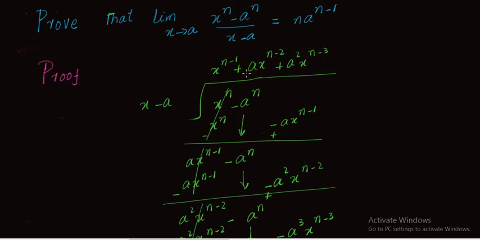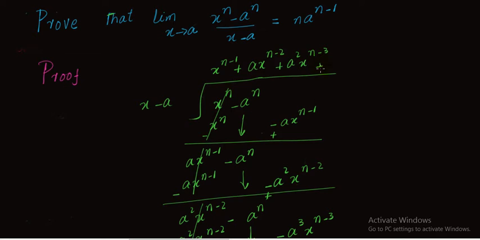From the coefficients, if we follow this sequence, in the first term the exponent of x is n-1 and the exponent of a is 0. Then in the second term the exponent of a becomes 1 and the exponent of x decreases and becomes n-2. Similarly, in the third term the exponent of a is 2 and the exponent of x is n-3. So, the exponents of x are decreasing and the exponents of a are increasing.